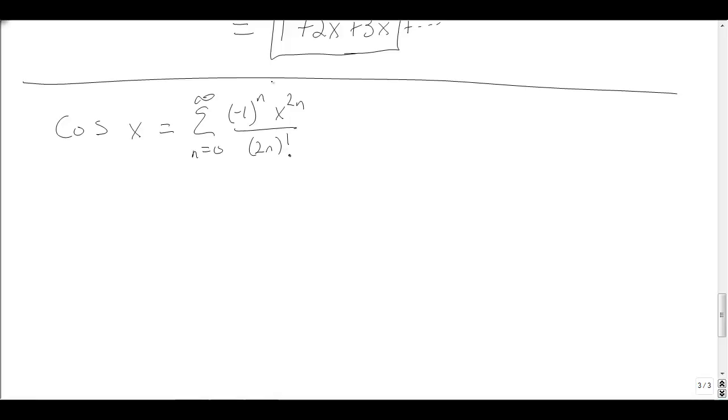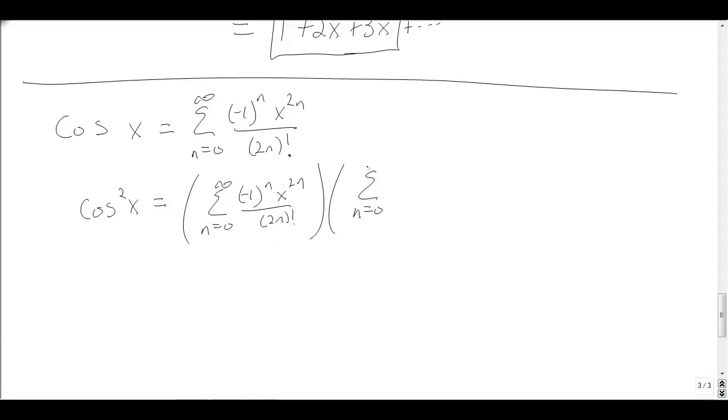So then what that means is that cosine squared x should be cosine x times cosine x, which is the sum from n equals 0 to infinity of negative 1 to the n, x to the 2n, over 2n factorial, times the summation from n equals 0 to infinity of negative 1 to the n, x to the 2n, over 2n factorial.